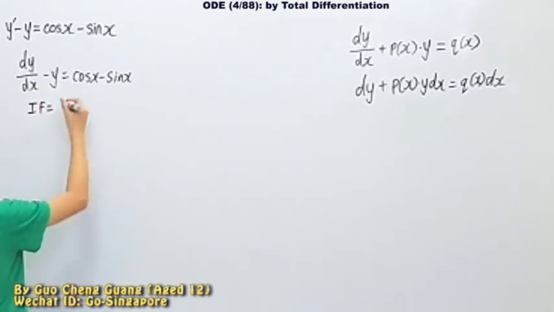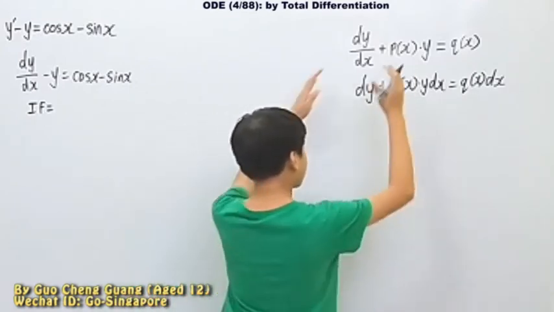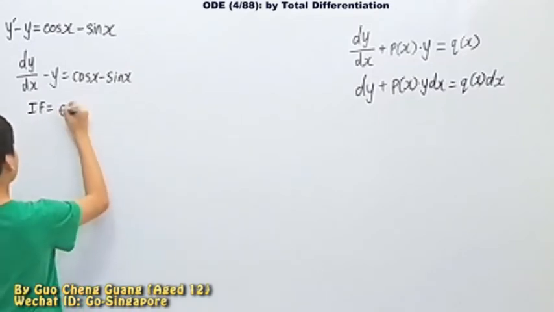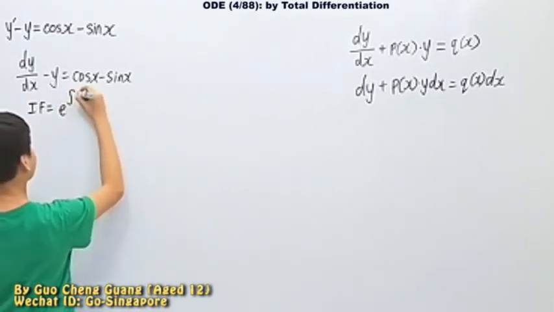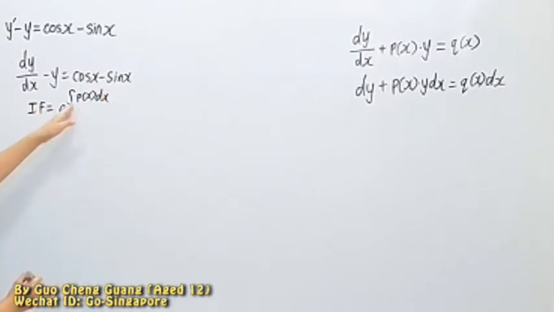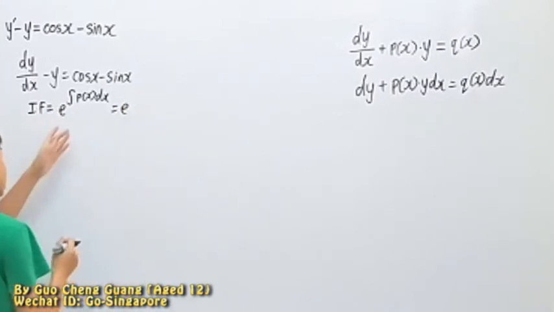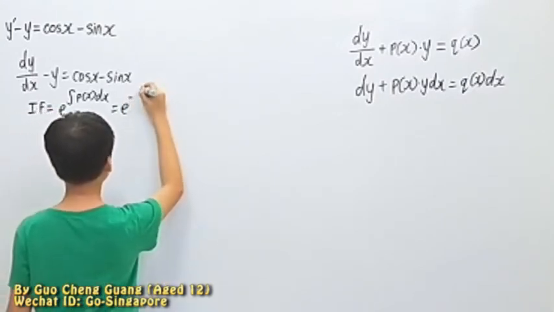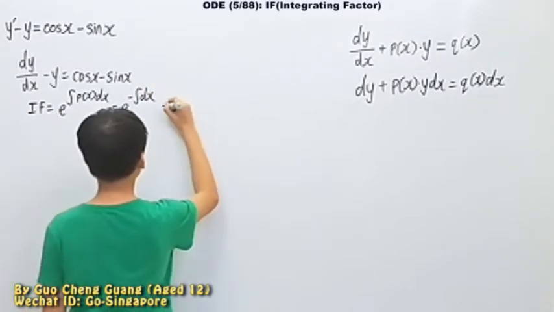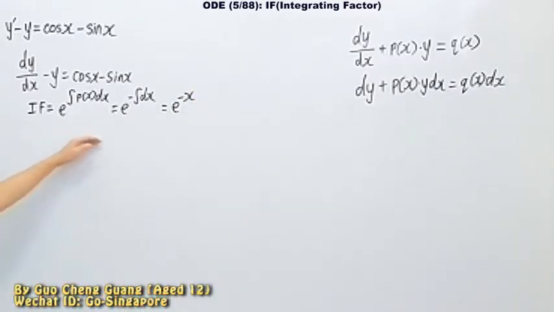Okay, so the IF is e to the power of the integral of p(x) with respect to x. In this case, our p(x) is -1. So negative, you can just take it outside of that integration. Then what you'll get is e to the power of -x. So this is our IF.